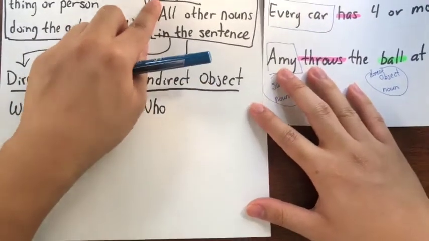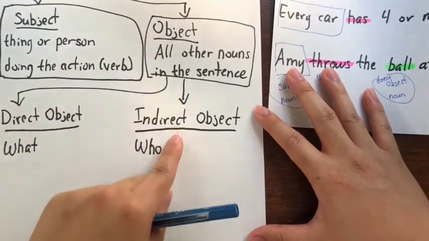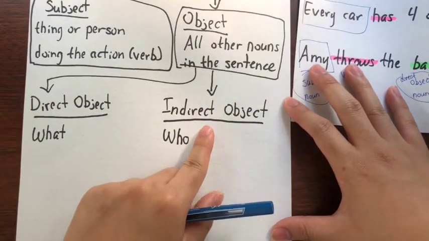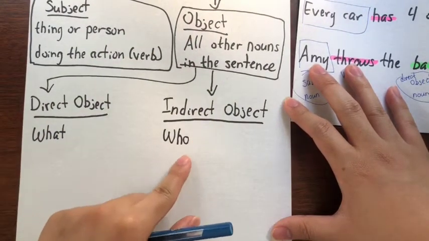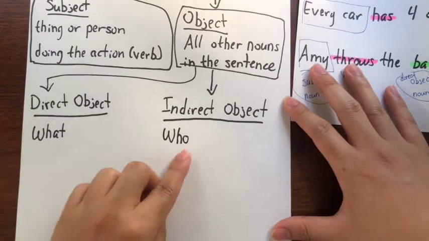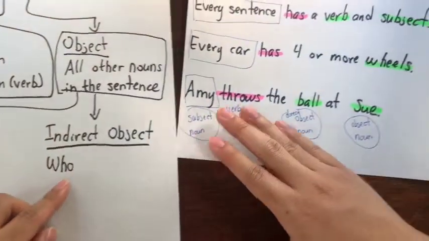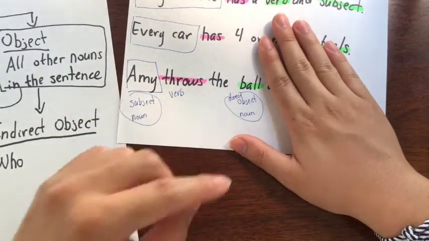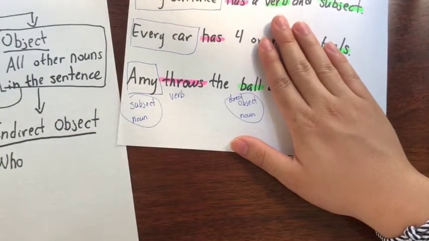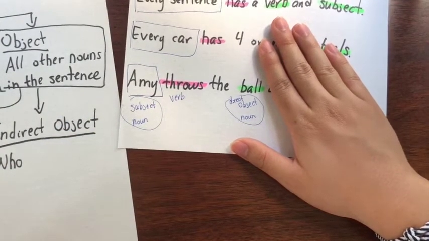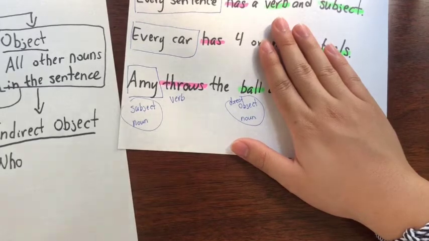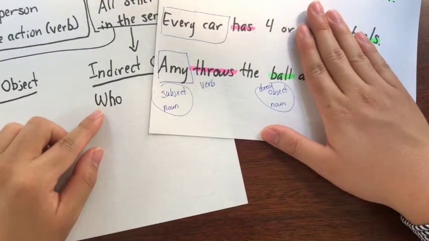The other group of objects is the indirect object. The indirect object is who. So this is a person. So we have the sentence, Amy throws the ball. Okay, so Amy throws the ball. But where does she throw the ball? Who does she throw the ball to?